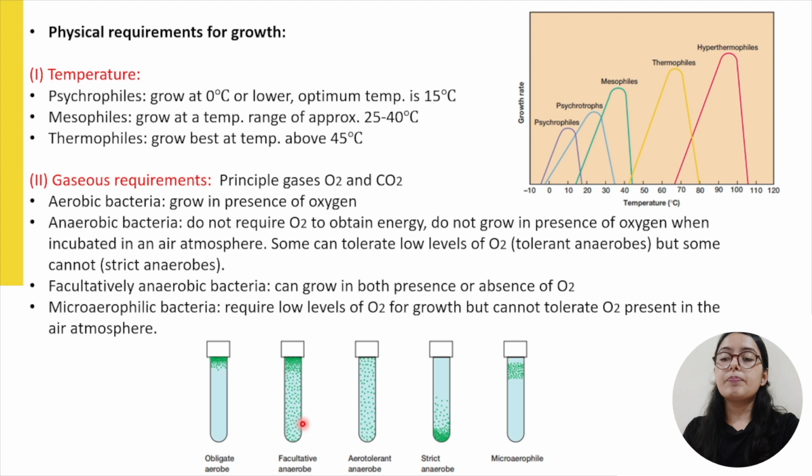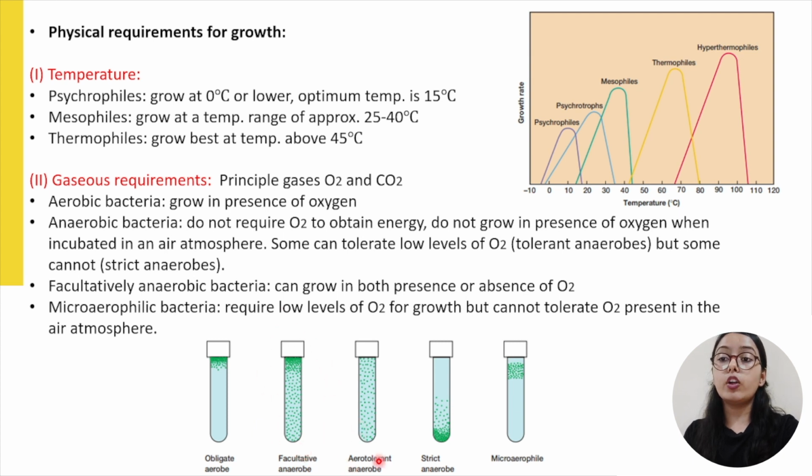Now in the next test tube, it is written facultative anaerobes. As we said, facultative anaerobes can grow both in presence as well as in absence of oxygen. So that's why they are all over the nutritional medium.